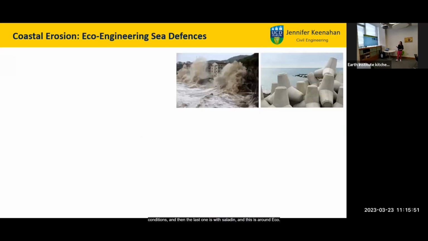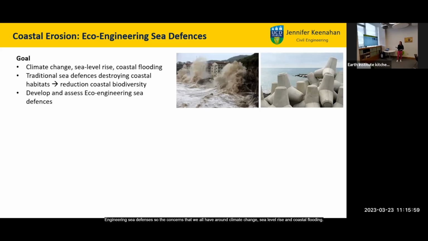And then the last one is with Saladin, and this is around eco-engineering sea defenses. So the concerns that we all have around climate change, sea level rise, and coastal flooding, you will often see coastal sea defenses. These are sometimes large lumps of concrete or large rocks.